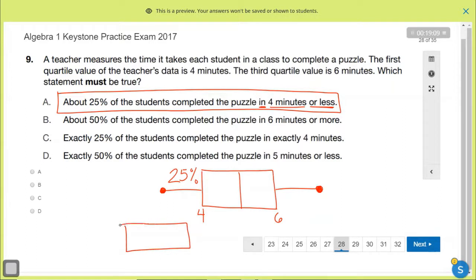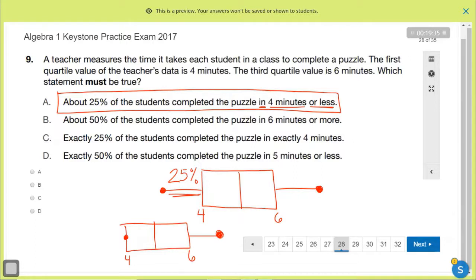What if I had a box that looks like this? All right, that is not a wrong box where I have 4 and 6. It's not like I'm missing that whisker, but that's if the bottom 25% all did it in 4. The minimum would be 4, as well as the lower quartile, saying that 25% all did it in 4 minutes. But it could also look like this one up here, where we have some that were less than that. So it's in 4 minutes or less. Either of those would be true.